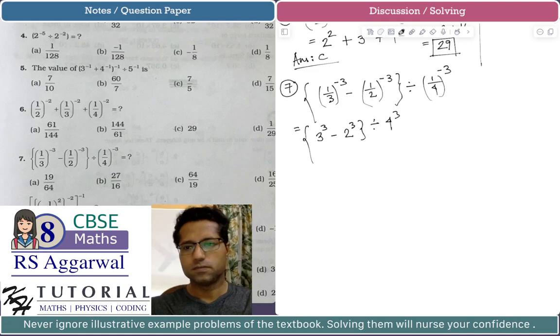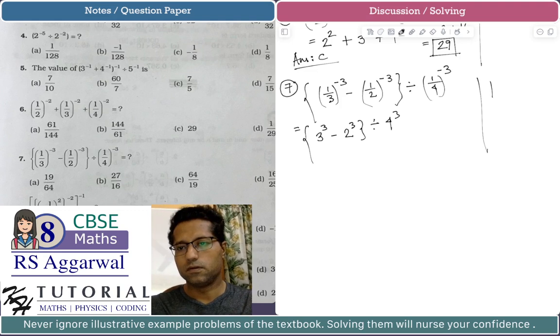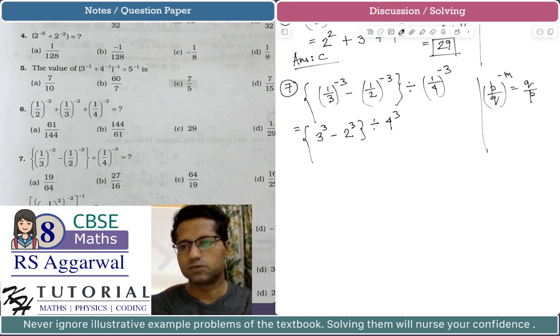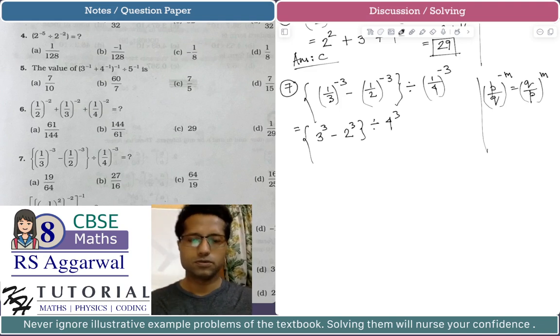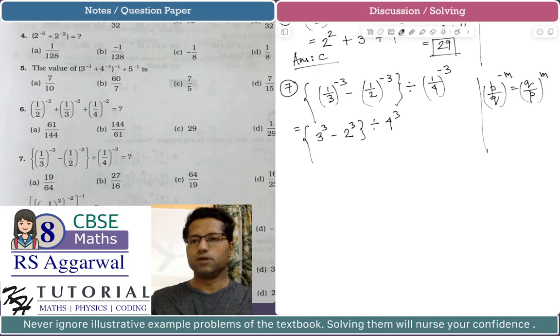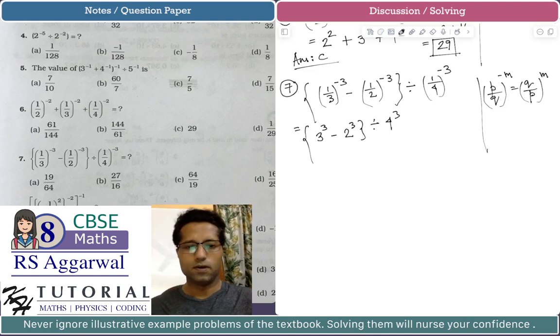So here also we have applied the formula that (p/q) raised to the power minus m is equal to (q/p) raised to the power m. This is one of the most crucial formulas that will be used quite frequently in solving problems on exponents.